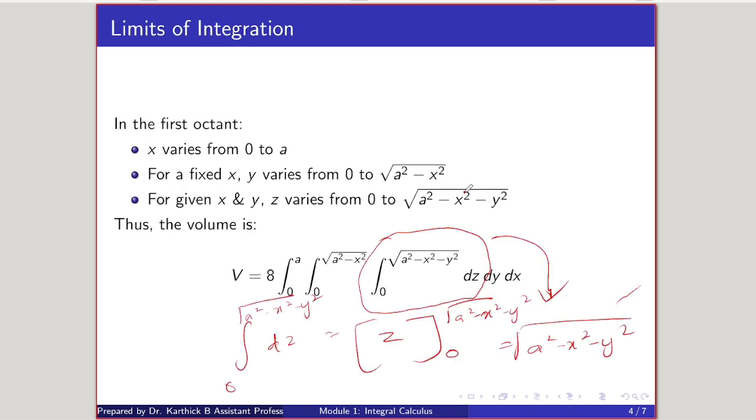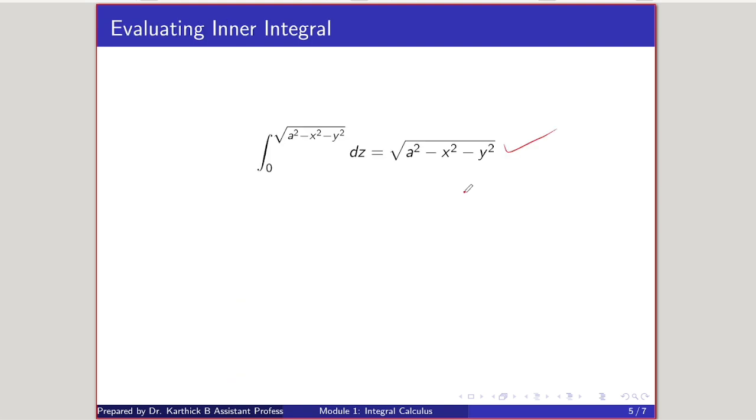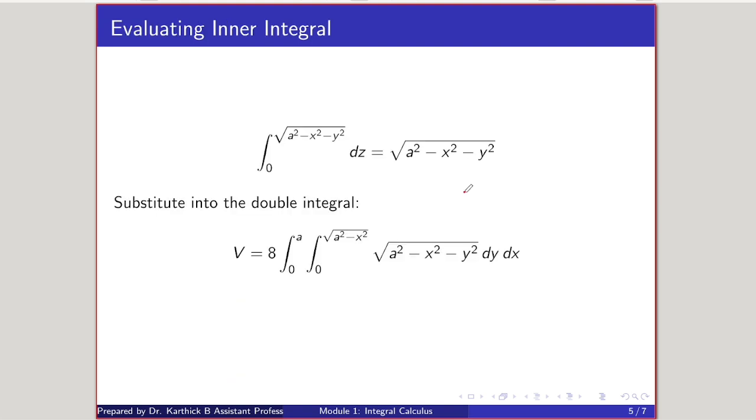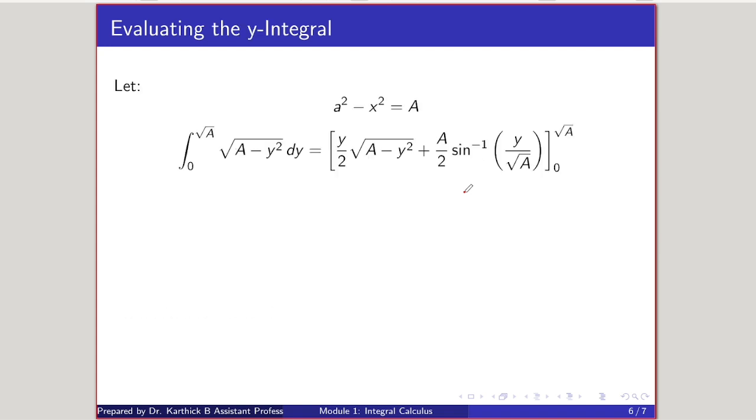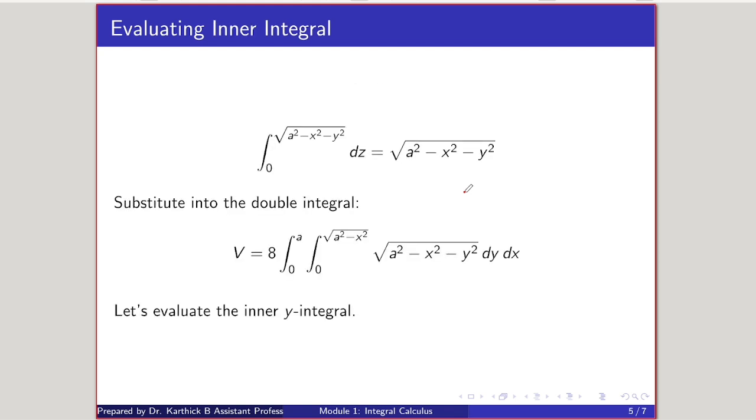Then I will substitute this back and go for the evaluation with respect to y. Now I am going for the second integral with respect to y. Here, other than y, a and x are constants. So I am making the assumption that a square minus x square is simply a constant, capital A, so the integral is the square root of A minus y square.